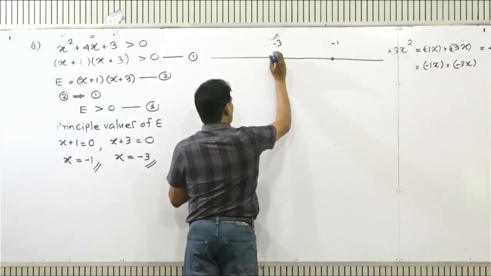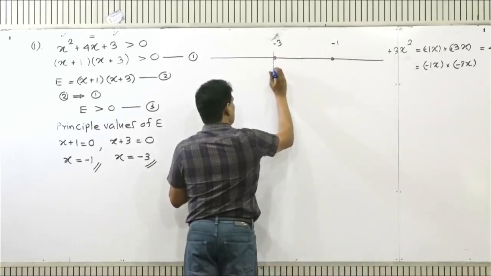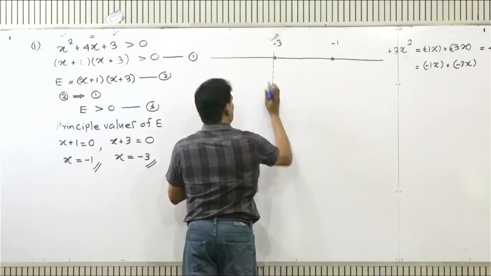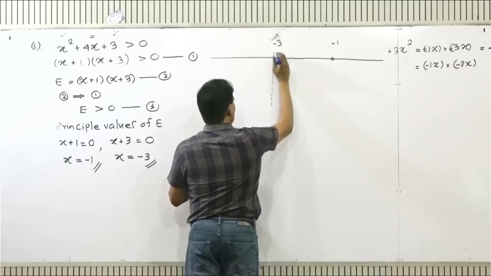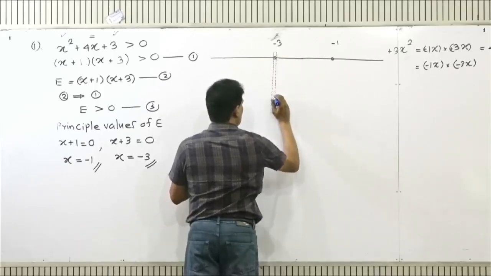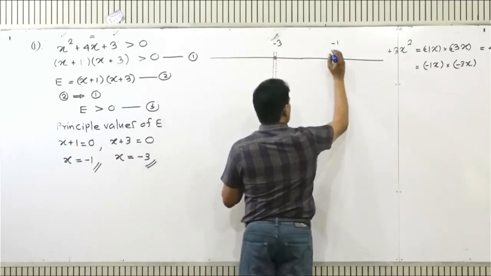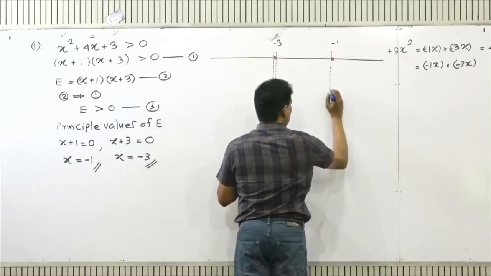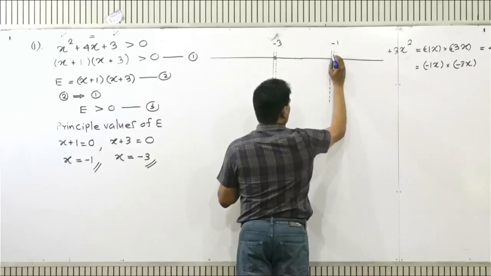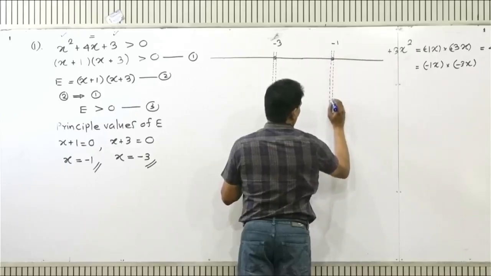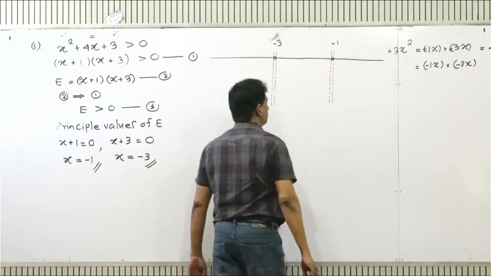Now we have to draw dotted lines tangent to the left-hand side and right-hand side of these circles. Here also the same, left-hand side and right-hand side. We have to draw a dotted line.